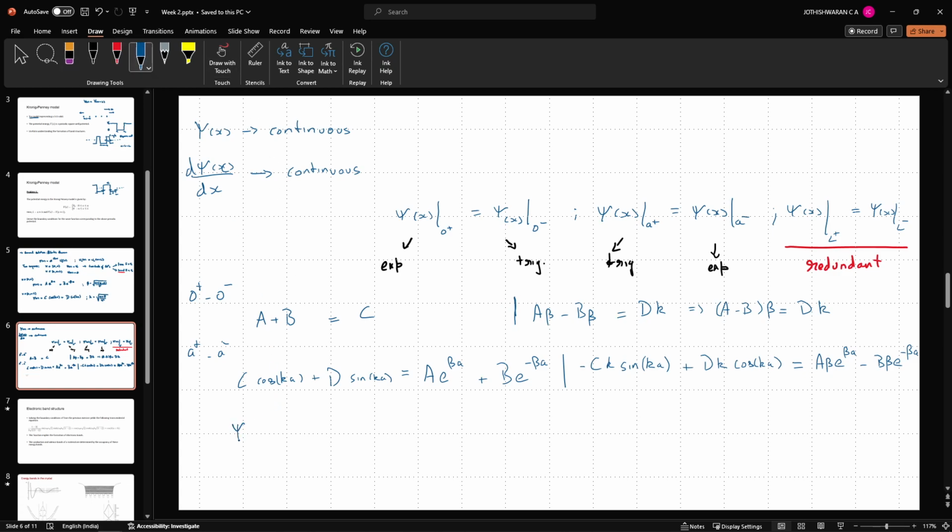I should say psi of x plus L is equal to e to the power i k L times uk of x, because uk of x plus L is uk of x. So this thing should also happen. Whatever psi of x I am getting from here, additionally I will also have to impose this periodicity condition.